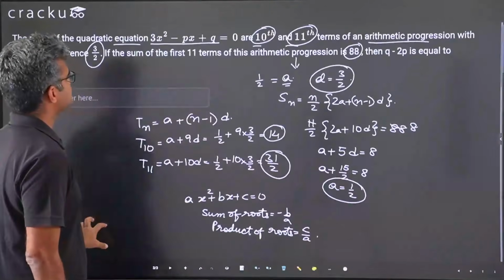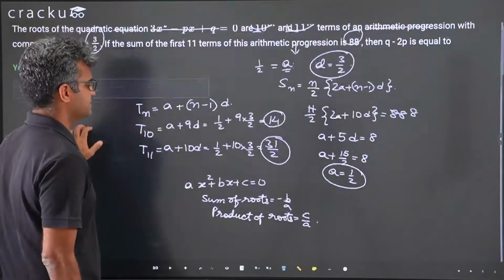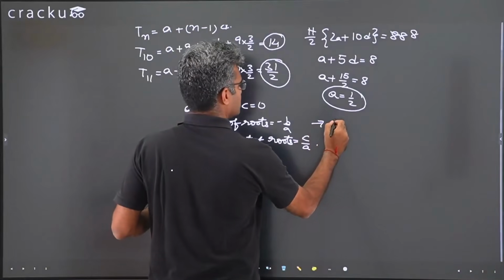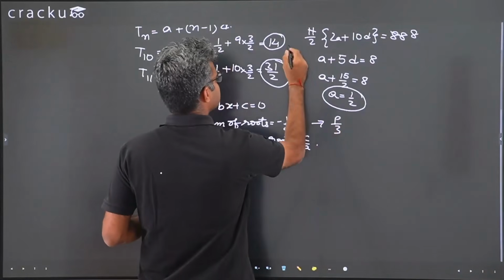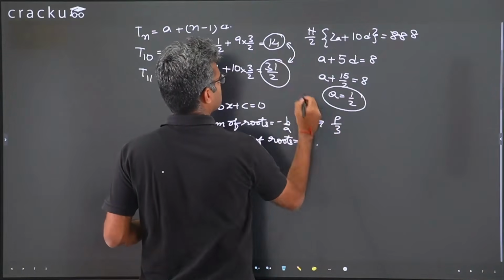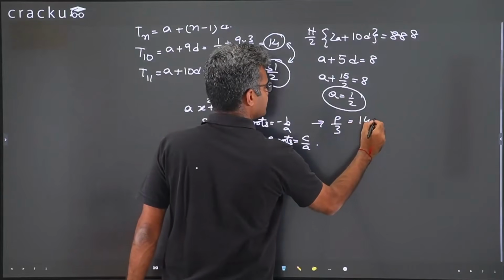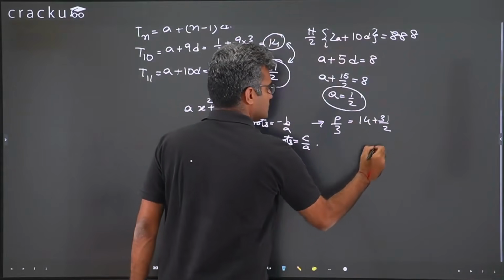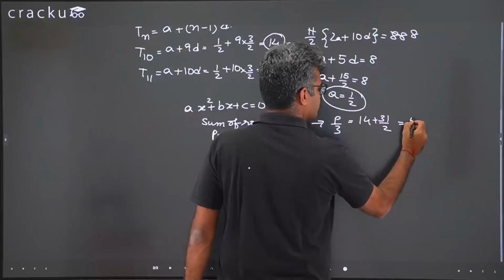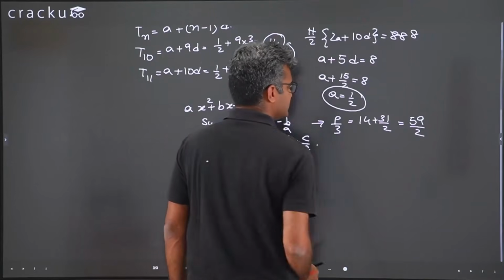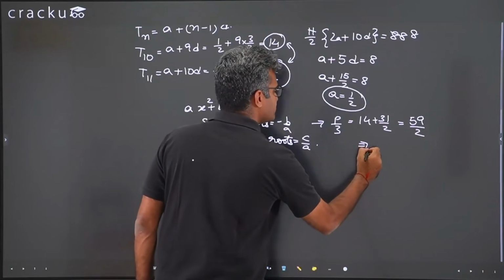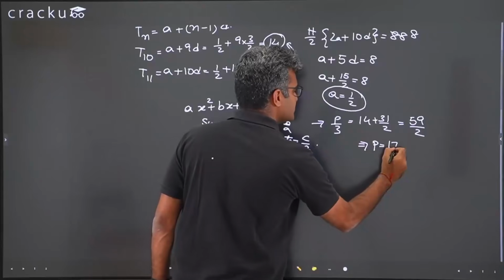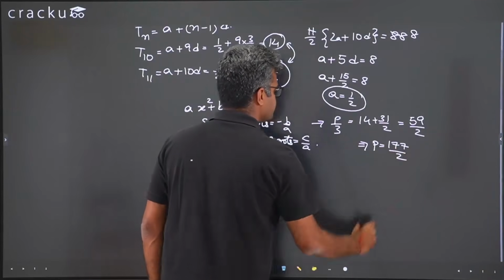In this particular case, the sum of the roots is p by 3. So p by 3 is the sum of both of them, which is equal to 14 plus 31 by 2, which is equal to 59 by 2. That is the value of p by 3, or the value of p is equal to 177 by 2.